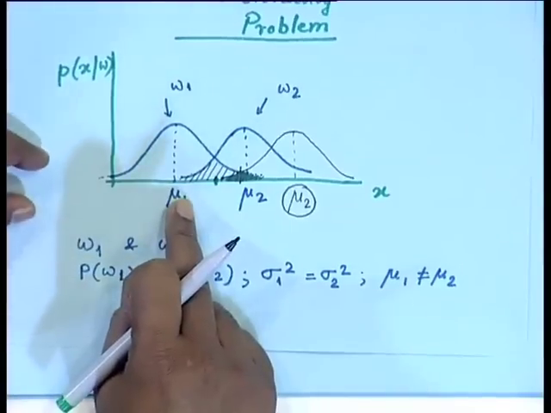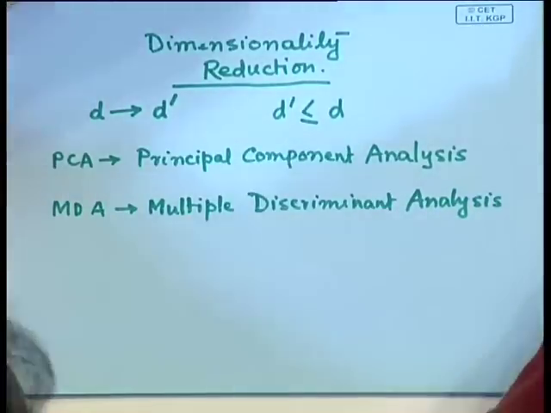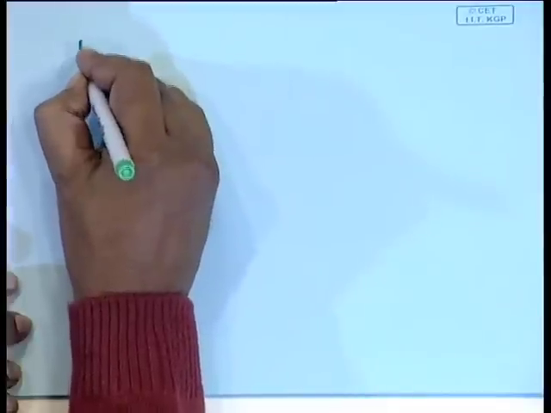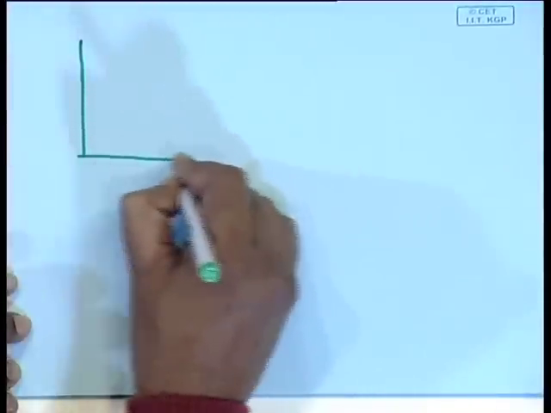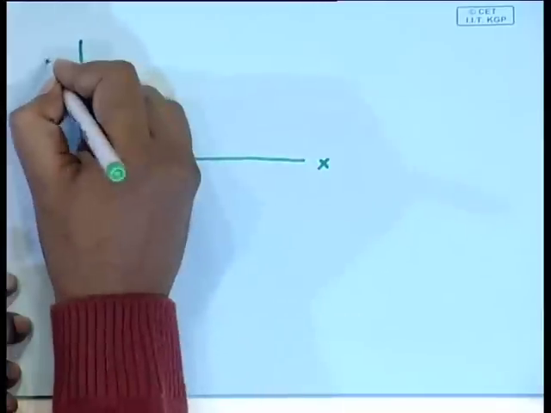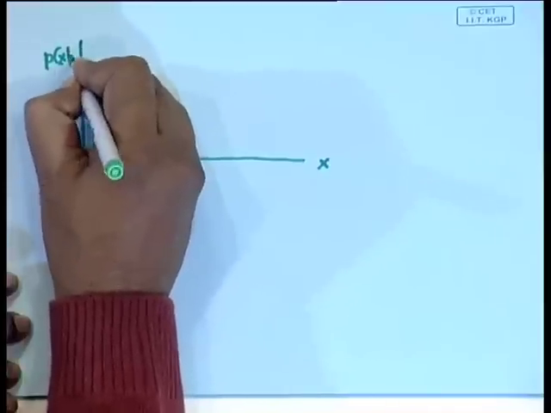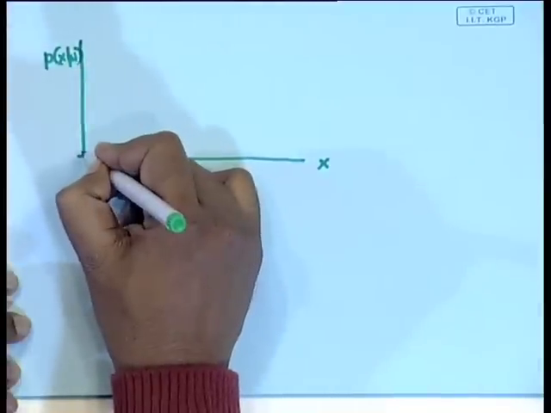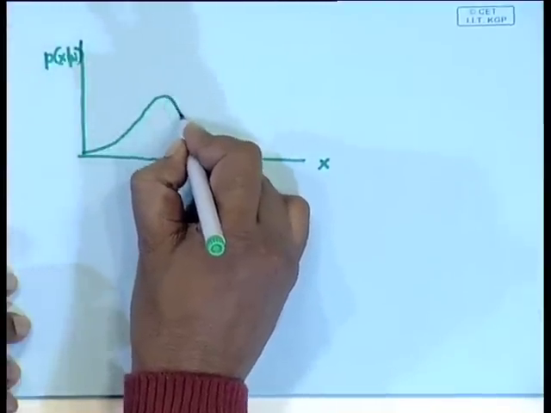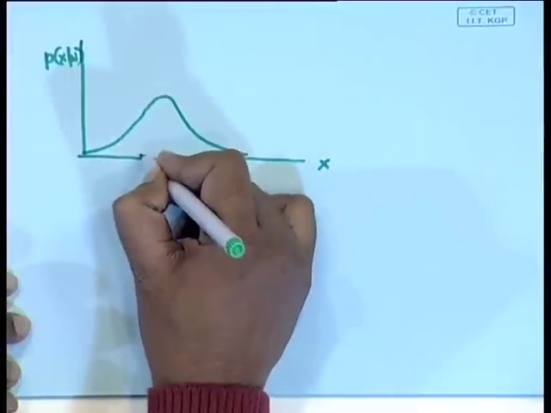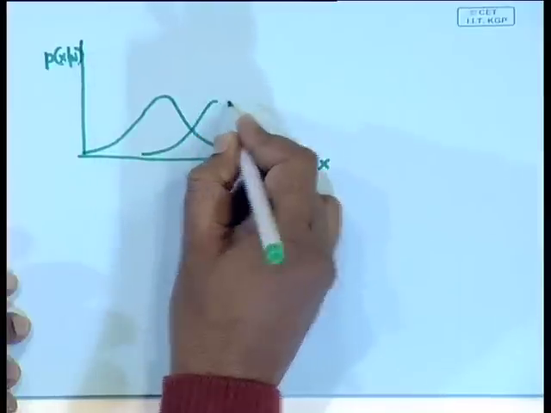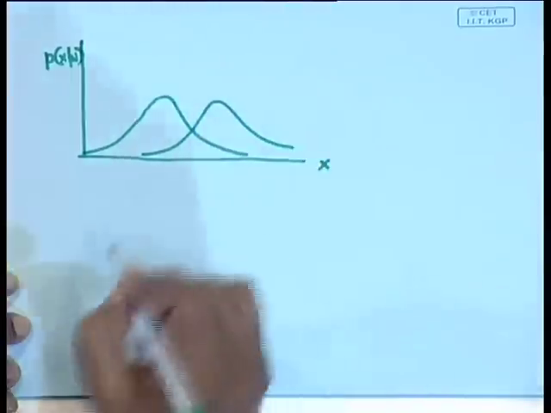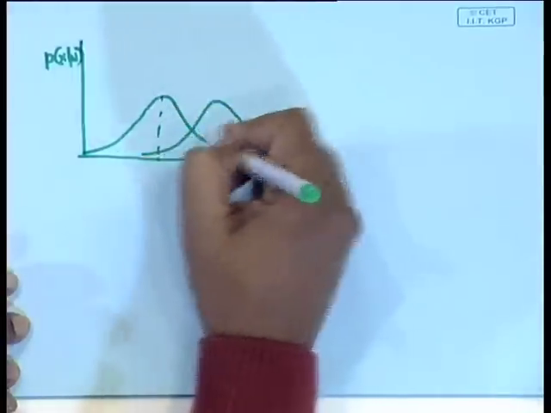Okay. That is quite natural, because here what we said is, coming to this diagram, okay, or let me redraw this diagram. This is the x, this is p x given omega. Okay. So, suppose the distribution is something like this. So, this is mu 1 and this is mu 2.